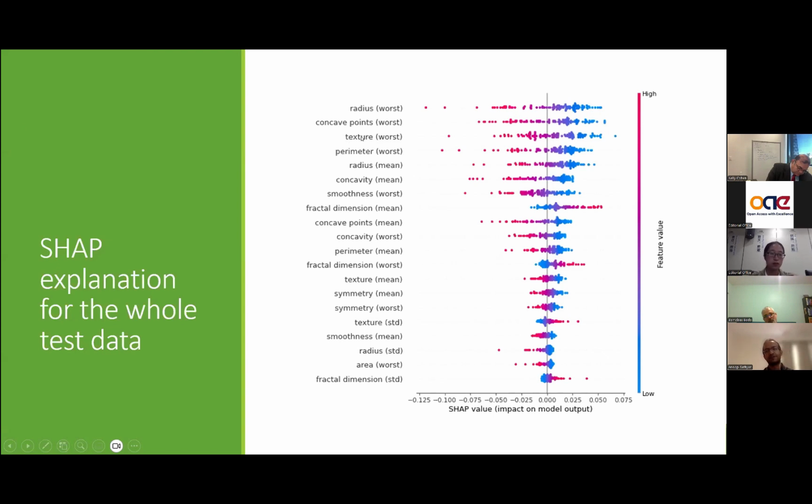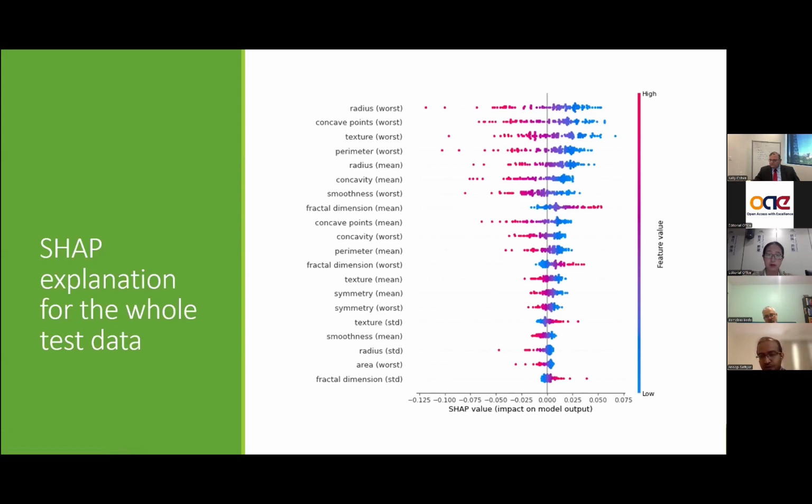Those are the important ones that are contributing to the different predictions. And at the bottom, we have the standard deviations of fractal dimension, the worst area. Those are the ones where you don't see too much variance here, and they contribute less to the model. The x-axis here is the SHAP value for the benign case.